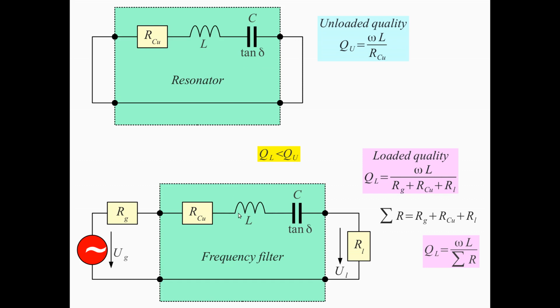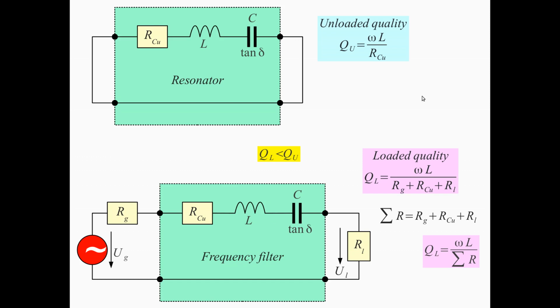So a filter is a two-port device, a frequency filter, where we add a generator that has some internal resistance or impedance, and we add a load. This tuned circuit is also loaded by the generator internal resistance and by the load resistance here. So it is loaded by both. So its Q decreases.